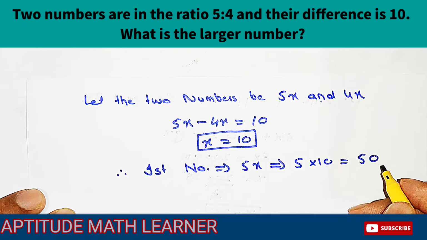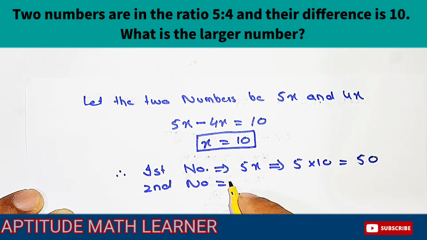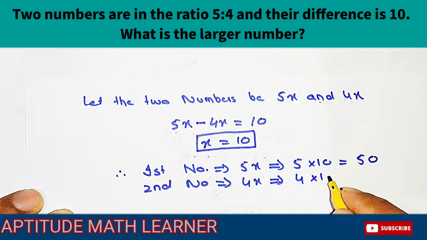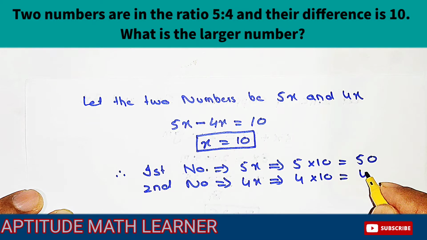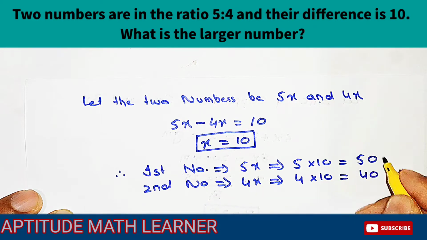So this is the first number, and the second number we are having is 4x, and 4x is equal to 4 multiplied by 10 is equal to 40. So the first number we are having is 50, and this is the larger number.